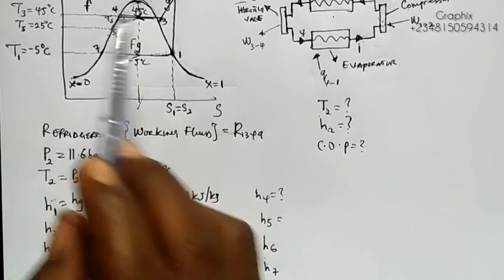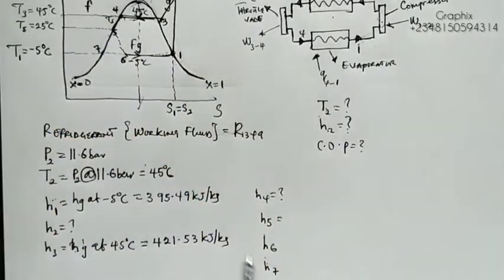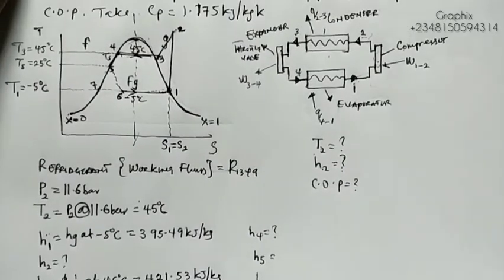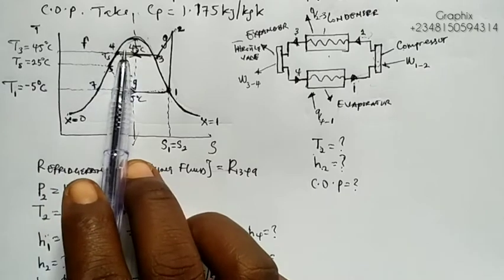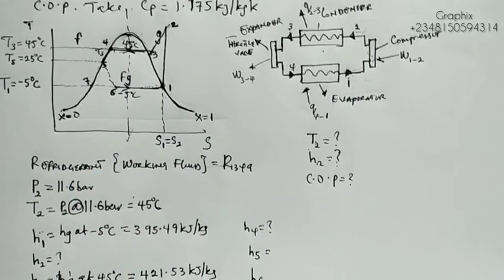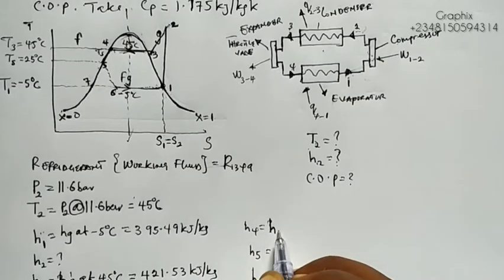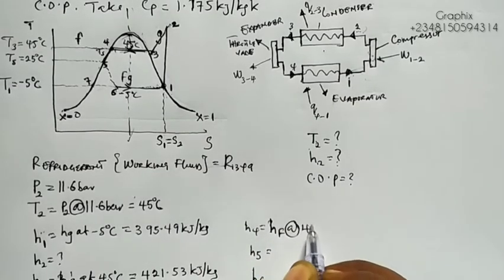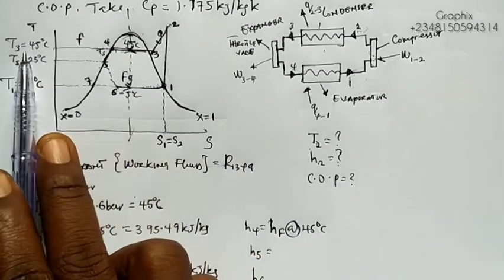Now the next thing we're looking for will be H4, because H4 is also touching the saturated line, right? But what do you notice? H4 is falling at the left hand side, in the liquid region, so it will be Hf now. So for H4 we are going to have Hf at 45 degrees Celsius, because the temperature here is 45.